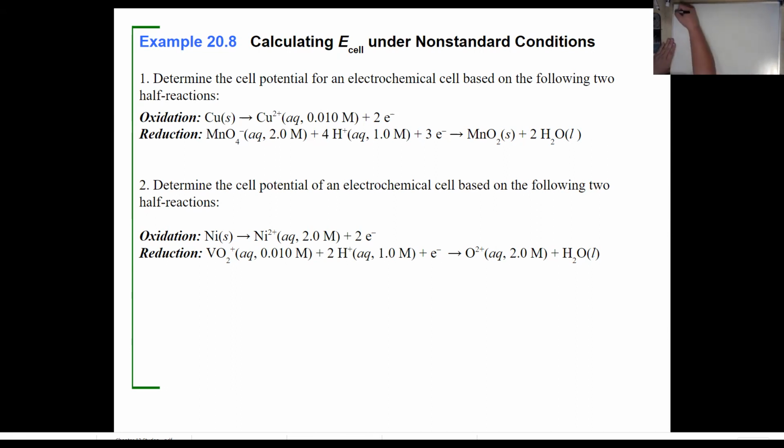All right. So for our oxidation, we can write that in as our anode right away. That's going to be the nickel solid goes to nickel 2 plus plus 2 electrons.